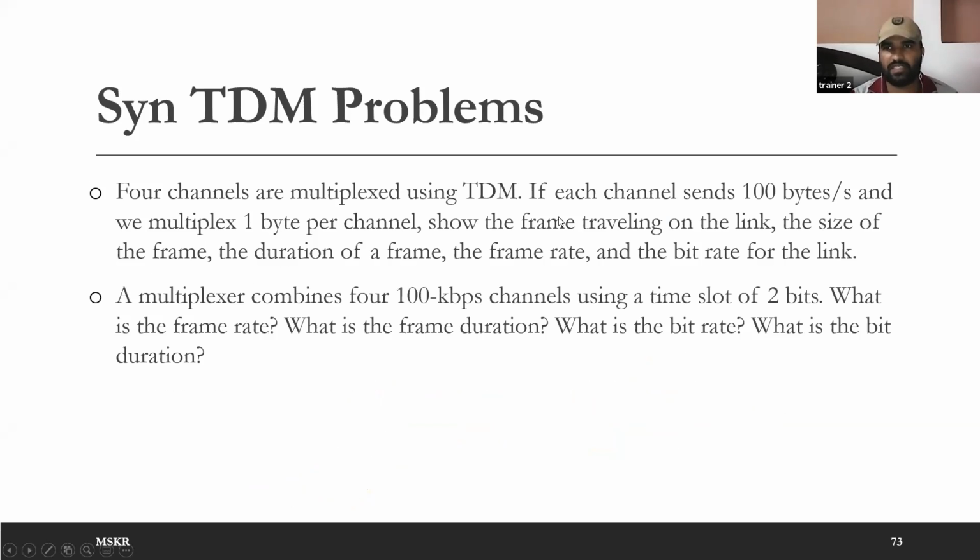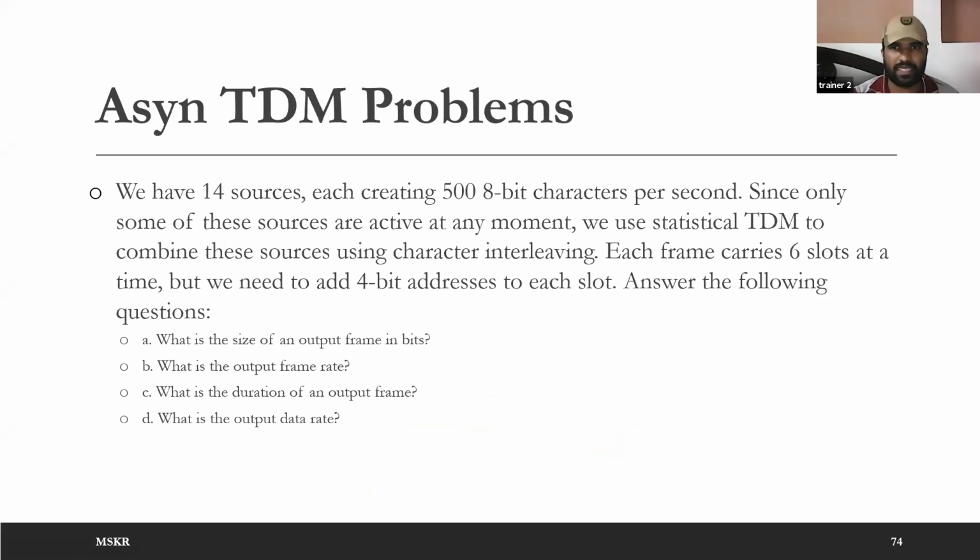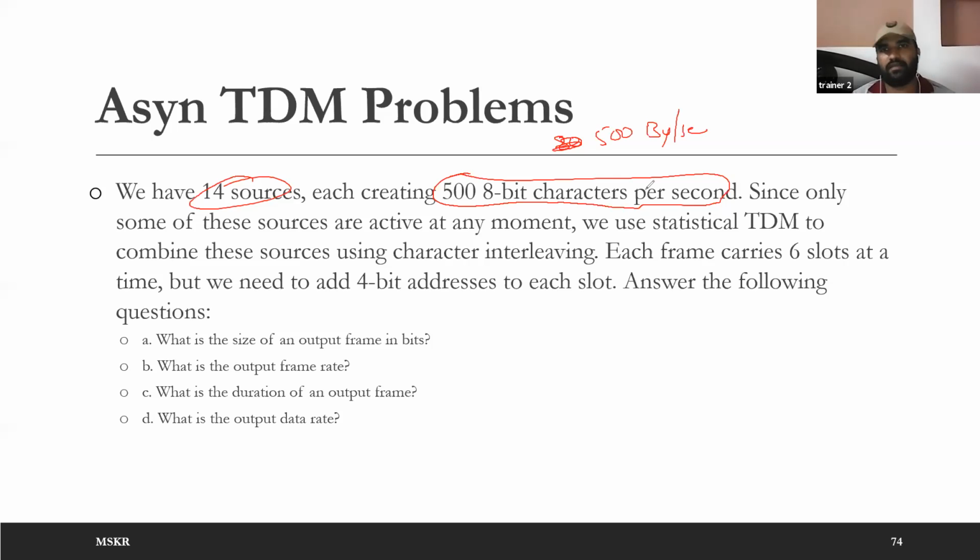This question is about statistical TDM. We have 14 sources, each creating 500 8-bit characters, that means 500 bytes per second.